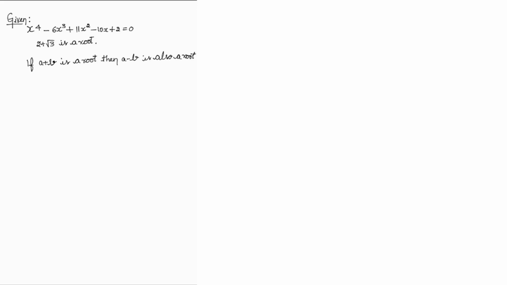Okay, so now according to this, if 2 plus root 3 is a root, this implies 2 minus root 3 is also a root. Great. So now we got two roots for this equation. Further, we'll have to find two more roots. So let us consider those two roots which we have to find as alpha and beta.